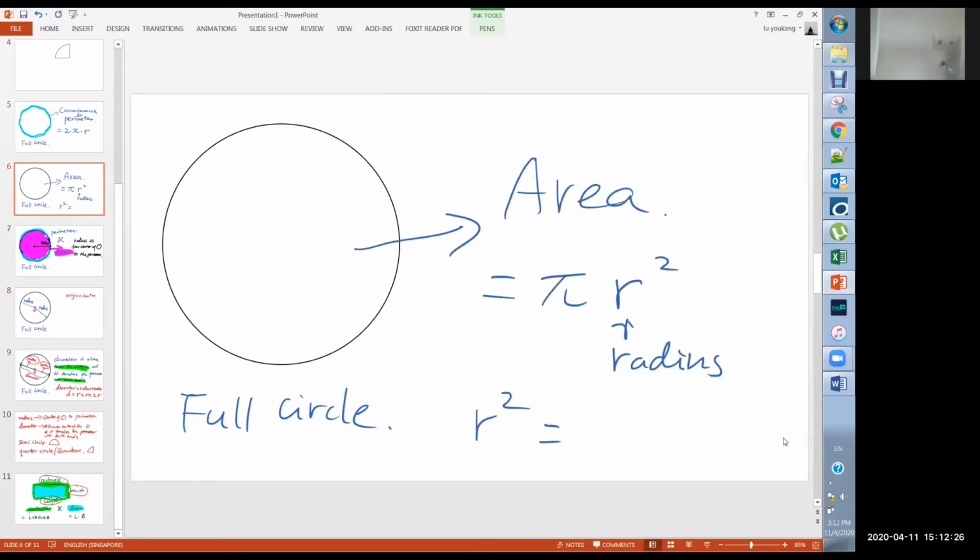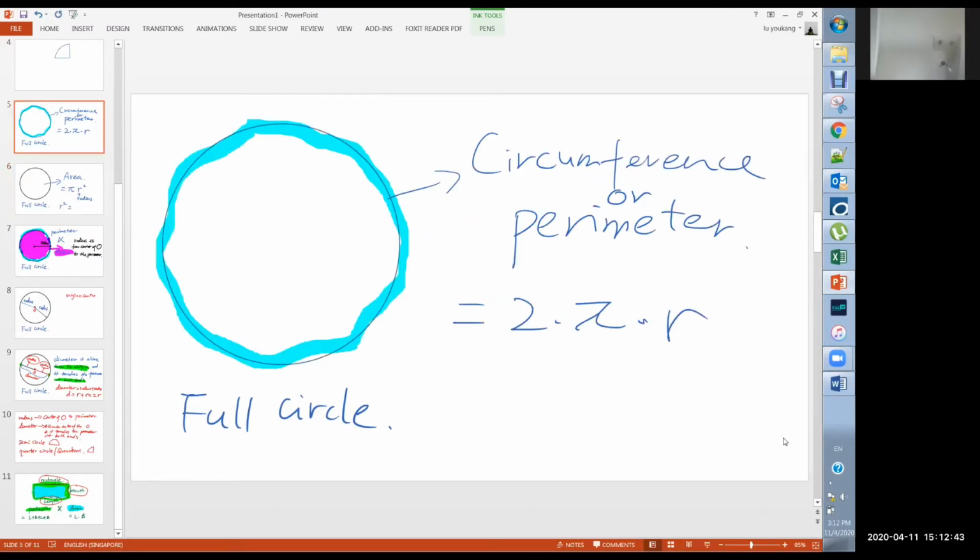Area is pi r square. Perimeter is 2 pi r. I just asked you to read only. You also read non-confidently. Okay. Good. So that's what we have learned so far for formulas.